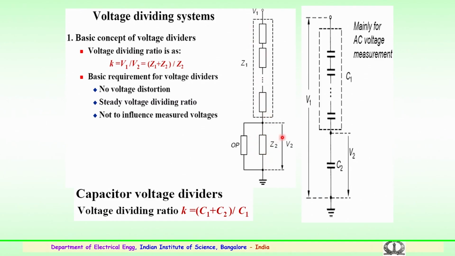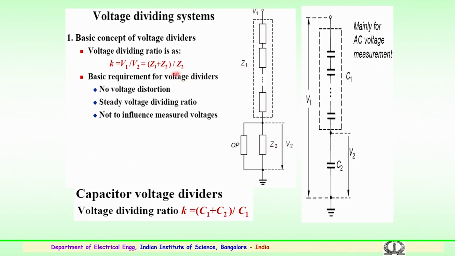So, the voltage V1, which is to be measured, could be obtained across Z2 as V2, and with the proper dividing ratio, the ratio is calculated as V1 by V2 is equal to Z1 plus Z2, divided by Z2.